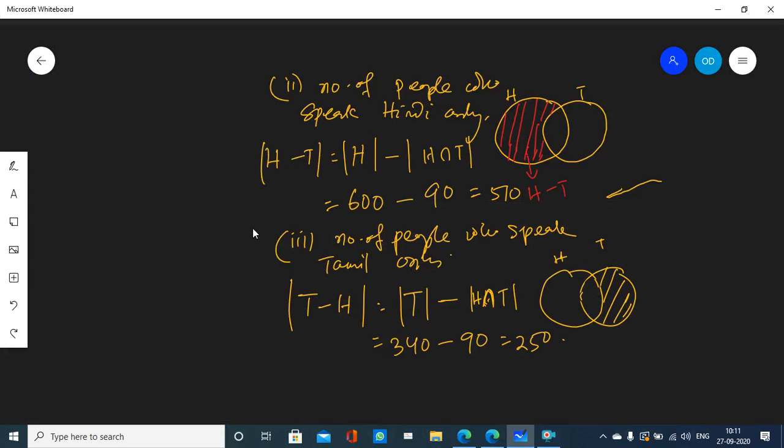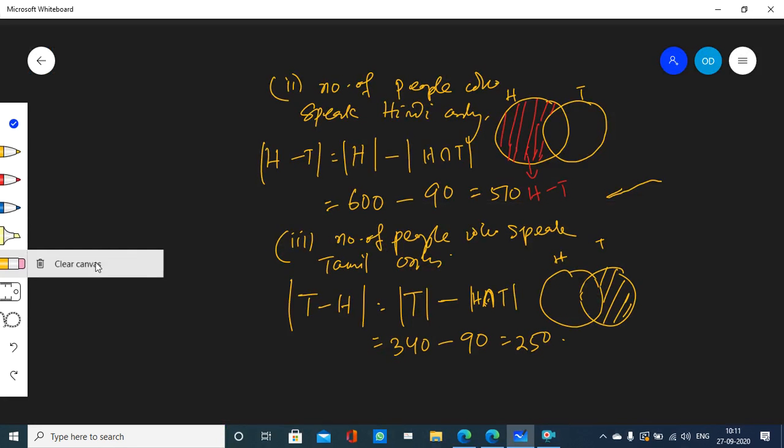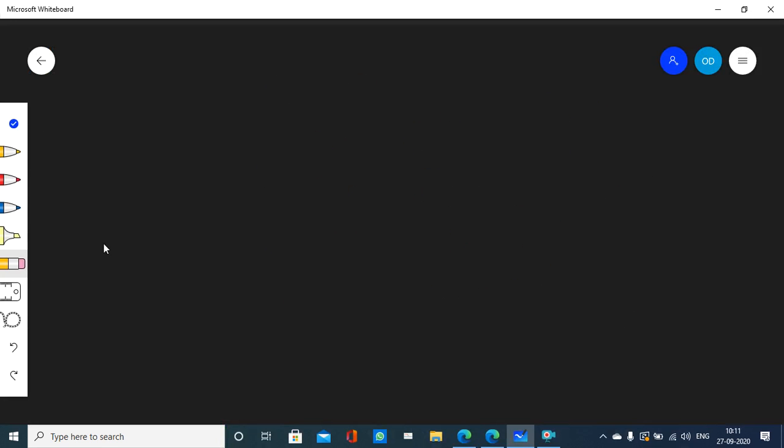So let's draw the Venn diagram first. This is the last question of set theory, and only practice these questions. No question from the outside.